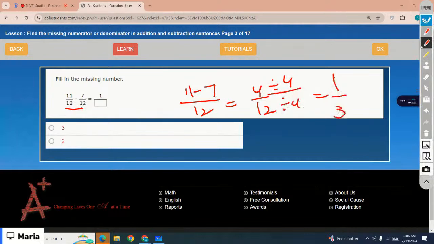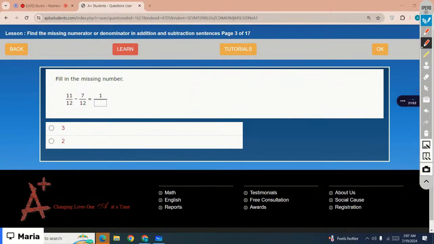So the missing number is 3. Got it? The correct option is 3.